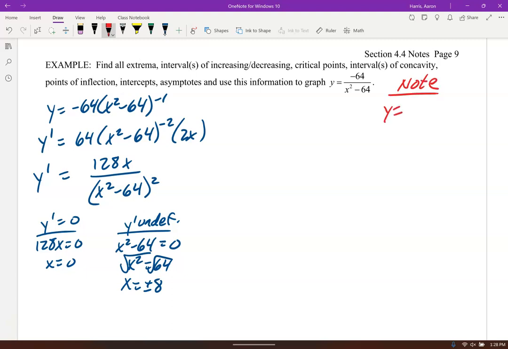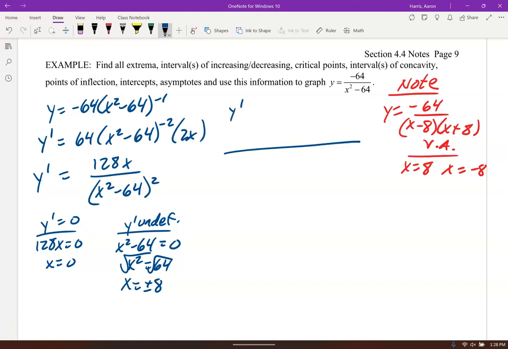Here's your original function. Let me factor it. See how it's got vertical asymptotes at x equals 8 and x equals negative 8? That can be helpful, right? This is a rational function. I'm undefined at 8 and negative 8. But we're still going to test around them.